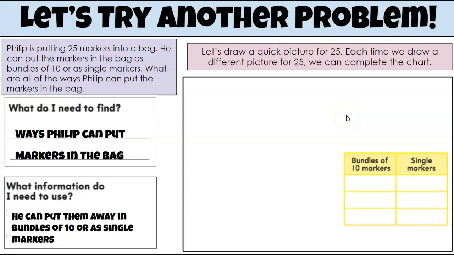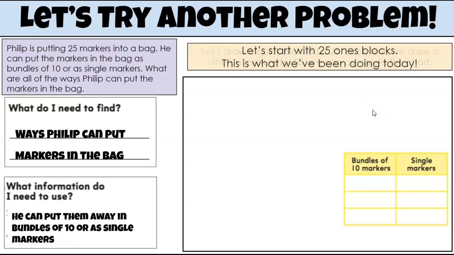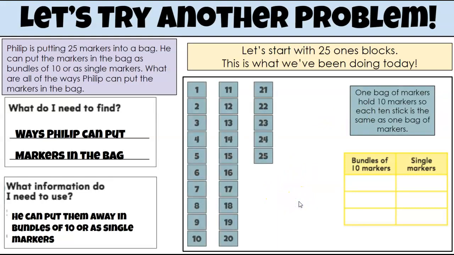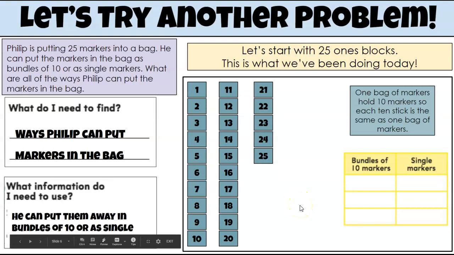They don't leave you a lot of space up there, but you can do it at the top, or you can do it on a separate piece of paper. That's fine, whatever works best for you. So you're going to start with 25 ones blocks, and this is what we've been doing. That's as far as I'm going to go. I'm going to let you go from there.